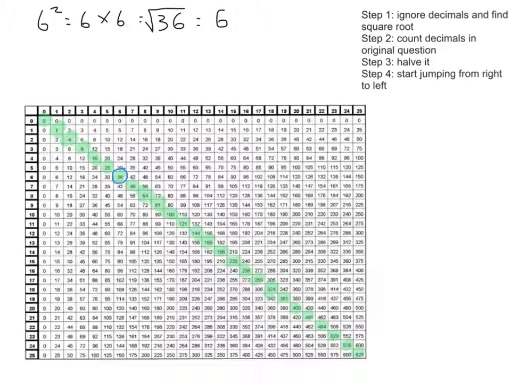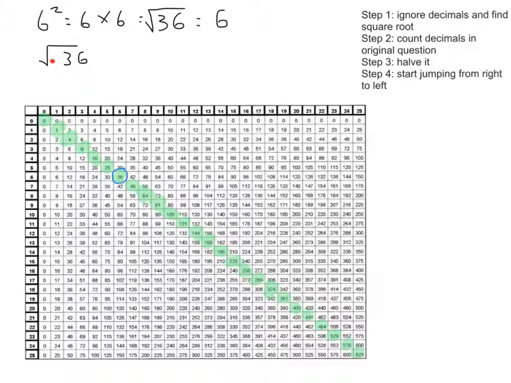Okay, now what happens if we have a question that looks like this? So we've got the square root of 0.36. Now over here we have some steps to follow to find the answer to this question. So step 1 is ignore decimals and find square root.